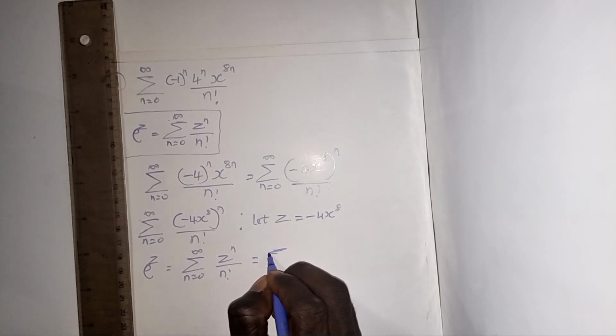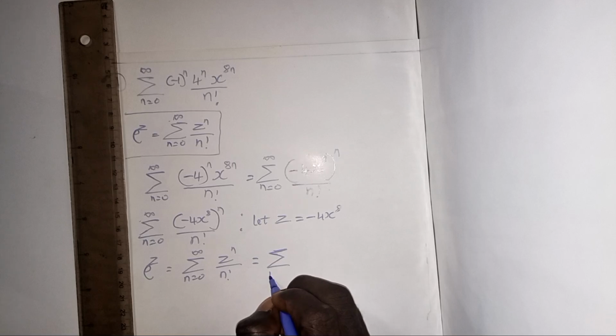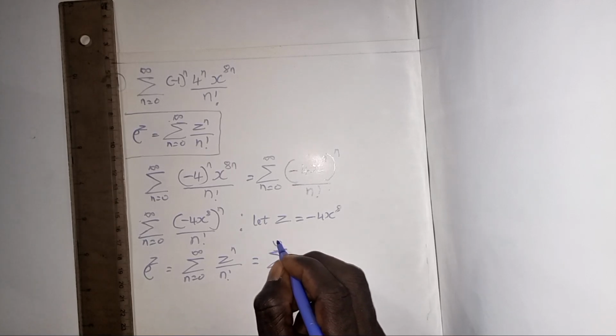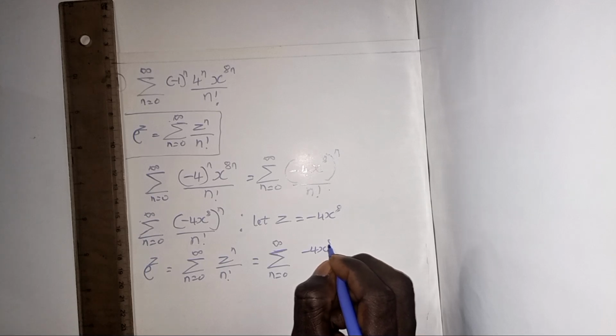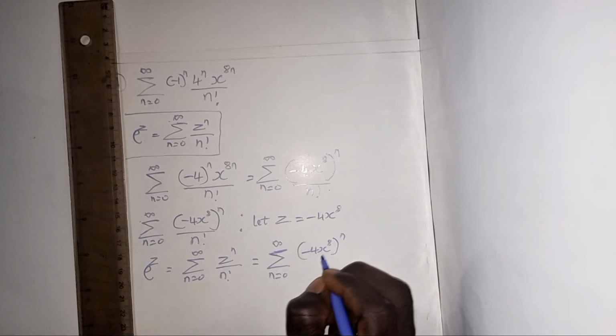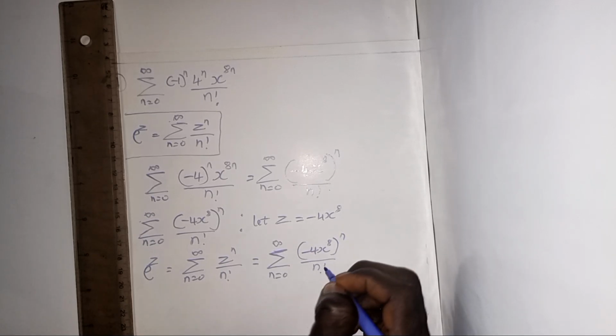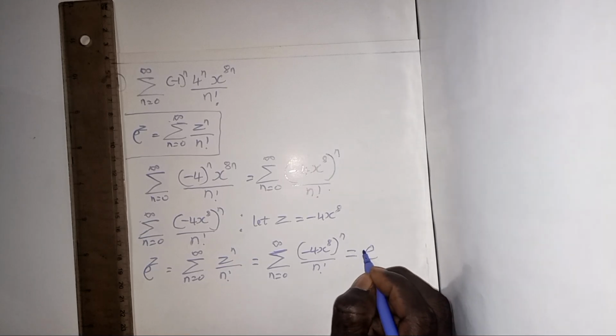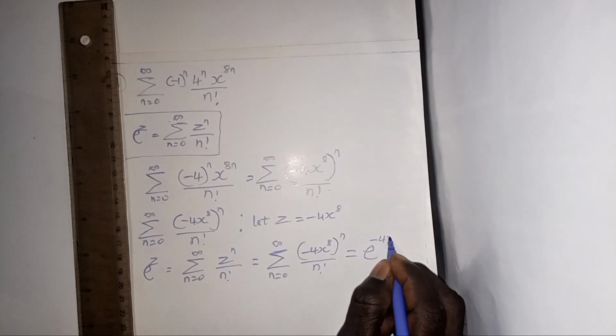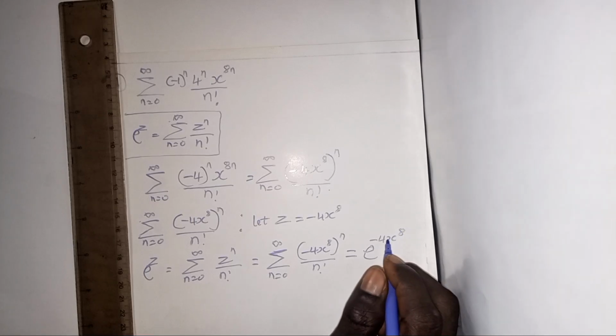Inputting our value for z, we get e to the minus 4x power 8.